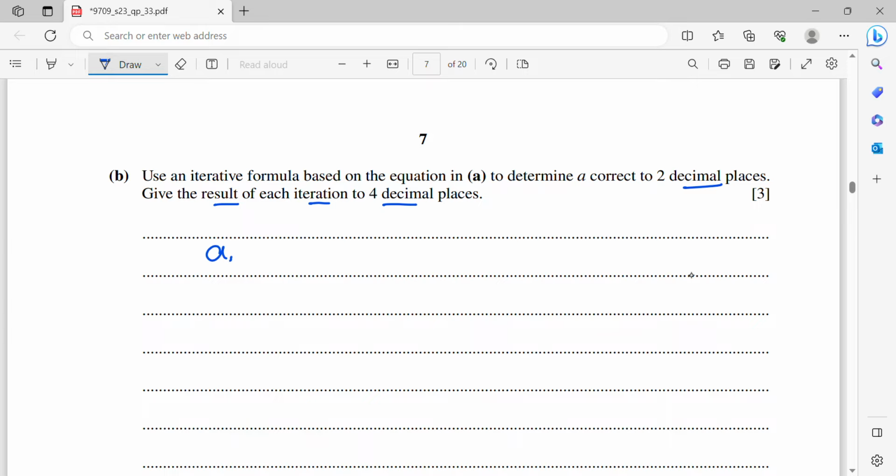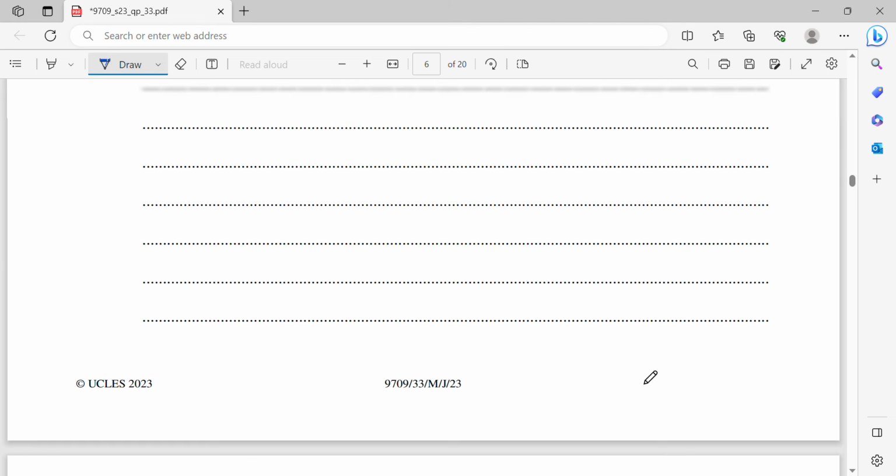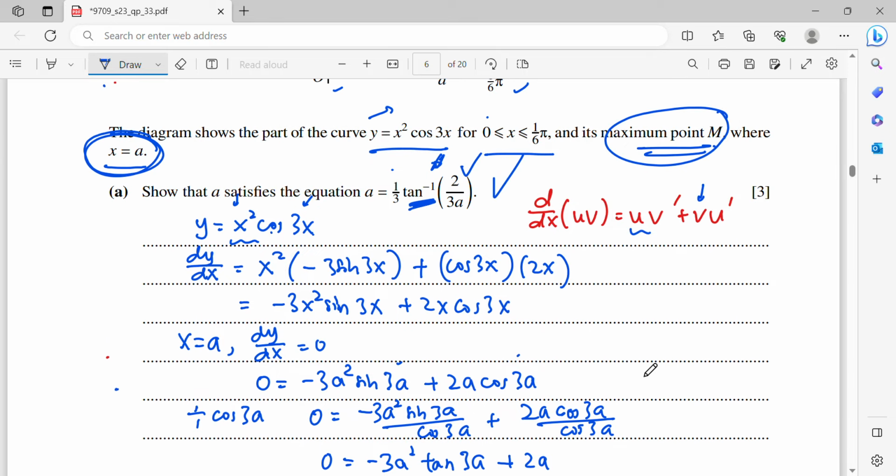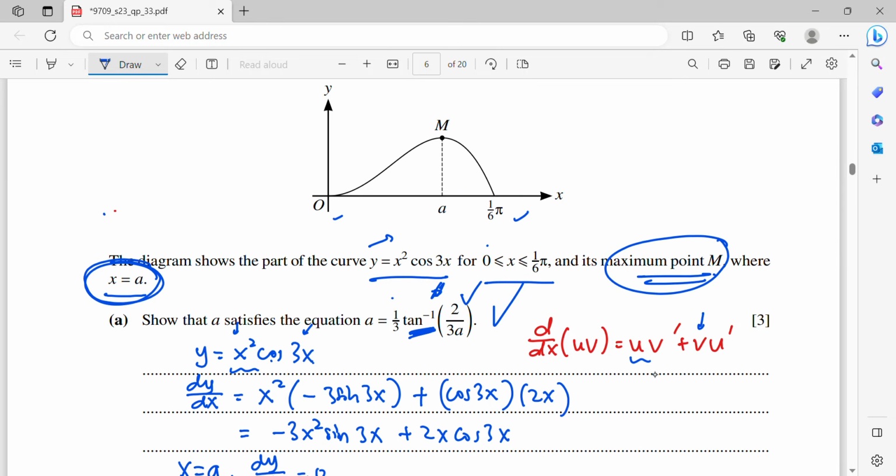So instead of A, you write a n plus 1 equals 1 over 3 inverse tangent 2 over 3 a n. Okay, now when you look at the question, your limit is when x goes to a, and then the a is in between 0 and 1 over 6 pi.